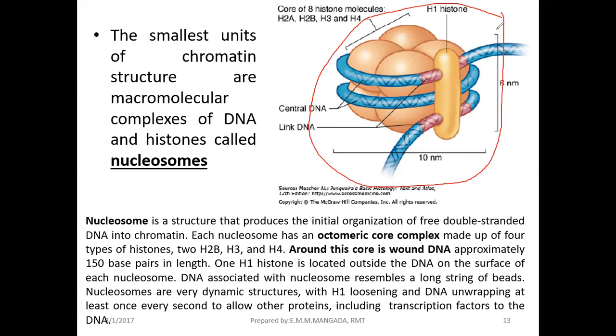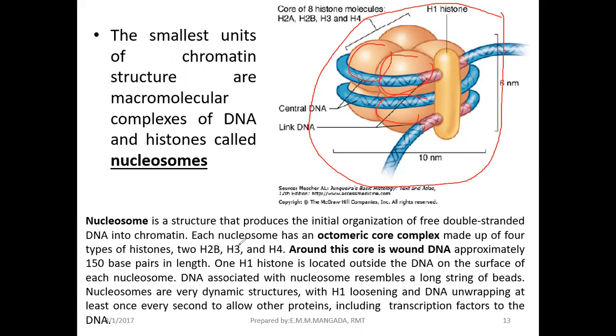So guys, yung ating chromatin is made up of chains of nucleosomes. Kung makikita nyo, itong mga bilog-bilog na to, parang mga beads, these are your histones. And of course, we have different types of histones.